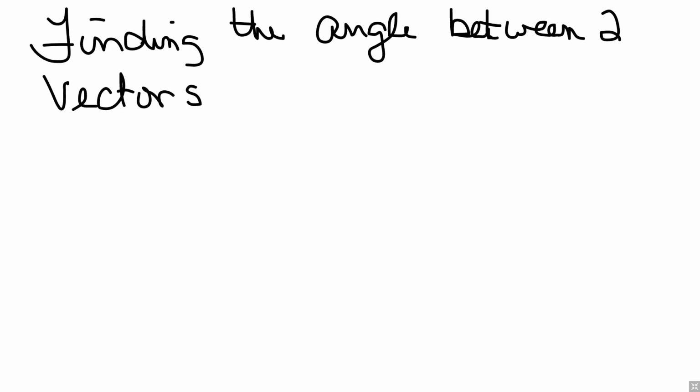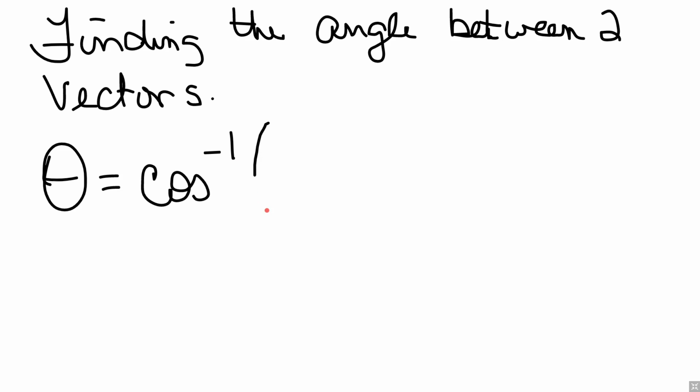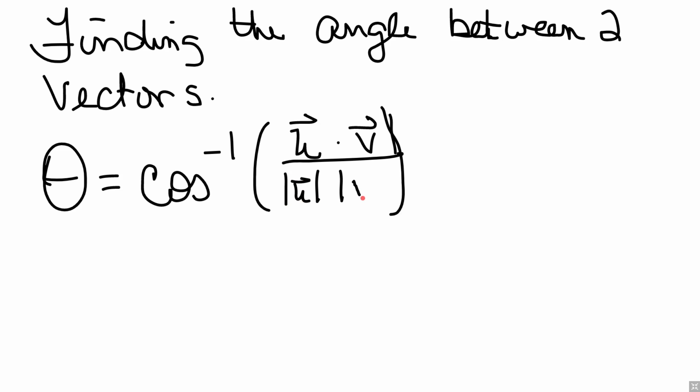The angle we normally call theta, and theta is going to be equal to the cosine inverse of the dot product of the two vectors, divided by the magnitude of each vector. So in order to find the angle between two vectors, you do the dot product of the two vectors divided by the magnitude of each vector.